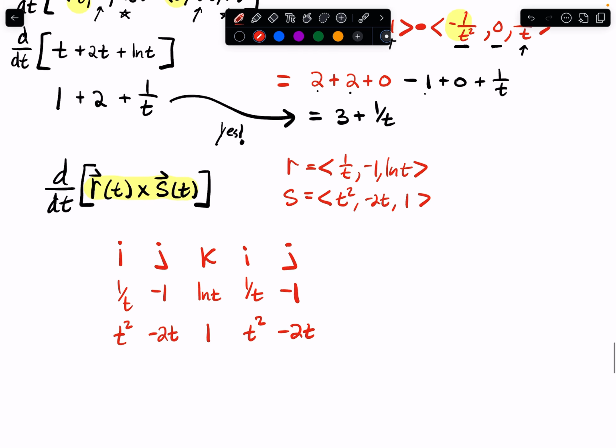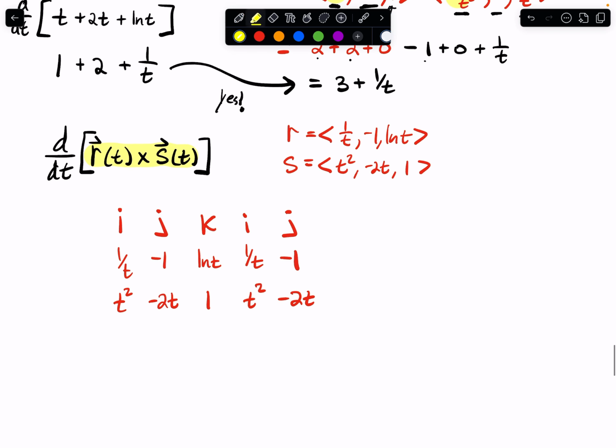So now I'm going to do my cross product, and I need to multiply through the diagonals like so. In the first one, I subtract the multiplication. So this becomes minus t squared k. And then I have minus 2t ln t for the i component. And then plus 1 over t for the j component.